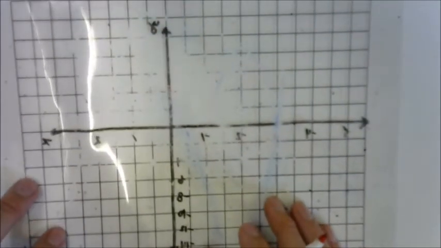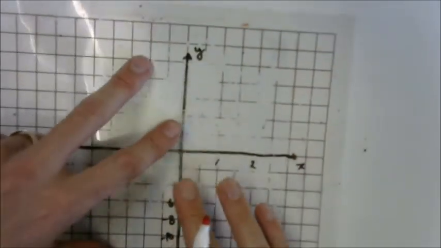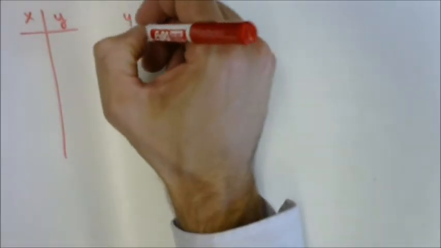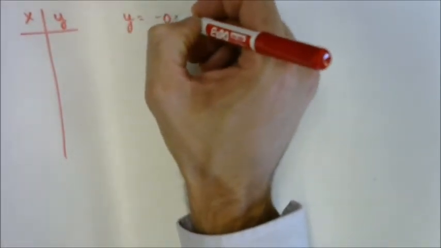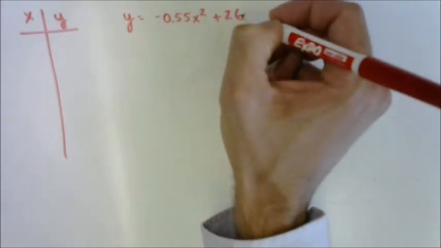All right. So we've got some trusty graph paper out here. Okay, in A, we are to graph the quadratic relation. So the first thing we are going to do, we're going to use the table of values to help us sketch a graph. So we have our equation here. It's y equals negative 0.55 x squared plus 26.